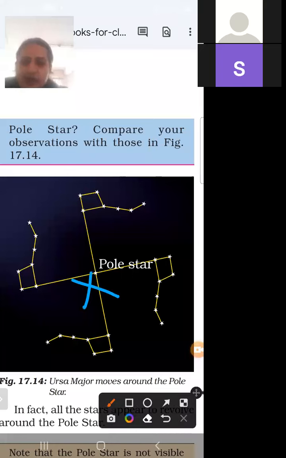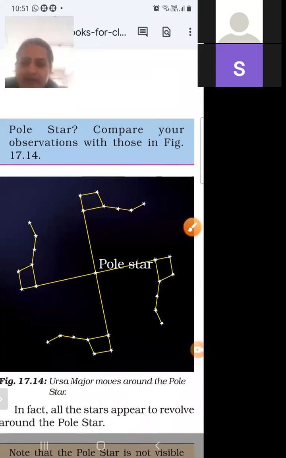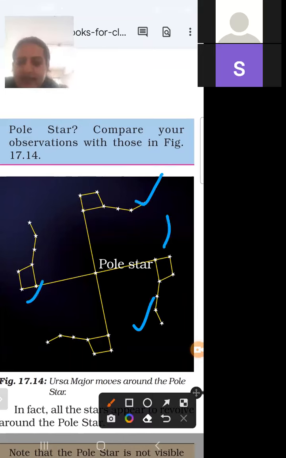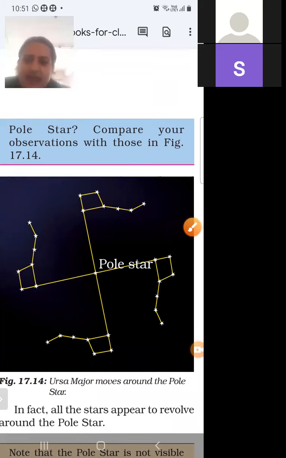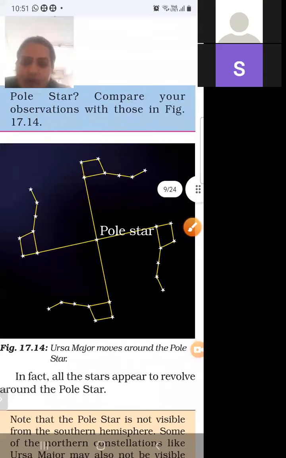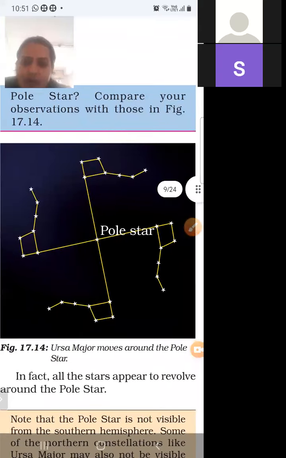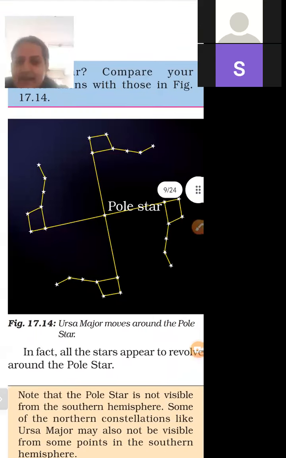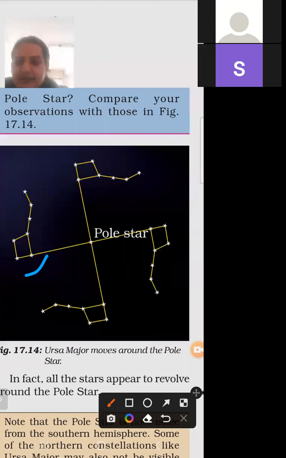Ursa Major moves around the pole star. As we know, all stars appear to move around the pole star.